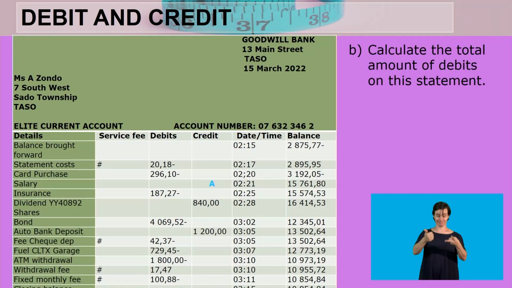Then B, calculate the total amount of debits on this statement. So it means that we are going to add all the debits. We will be doing multiple addition.